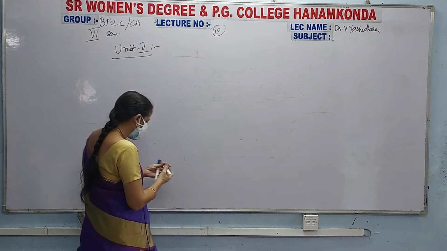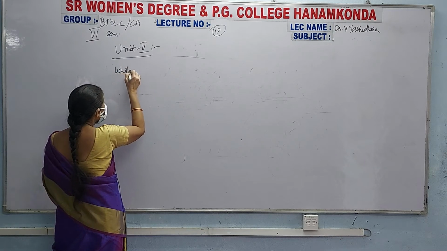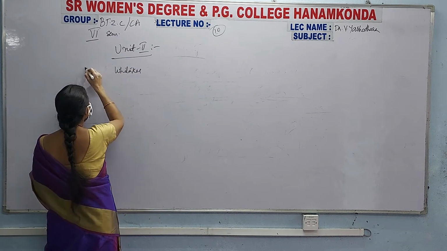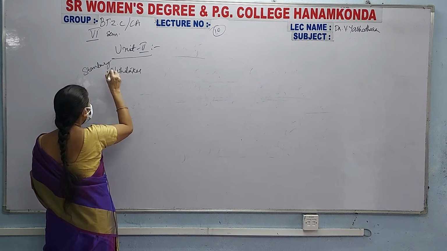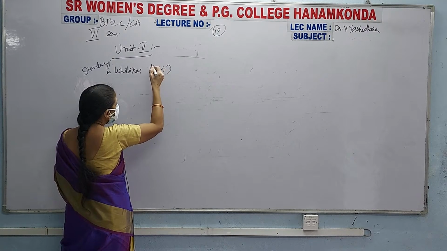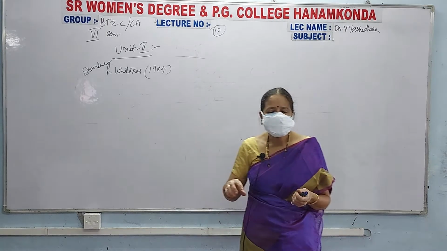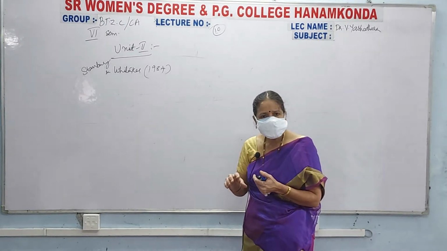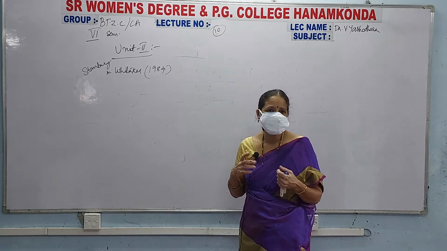That is, the first one was by Stanbury and Whittaker in 1984. They have given some rules and regulations for the construction or for the design of an ideal bioreactor.